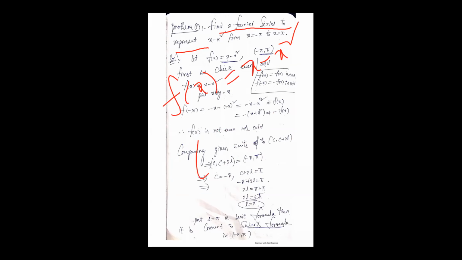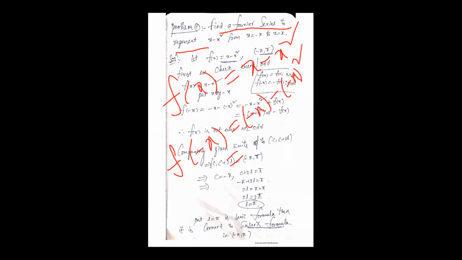So the limits are minus pi to pi. Same limits from negative to positive, so clearly we have to identify whether this problem is an even or odd function. First we have to find out if f of x is even or odd.